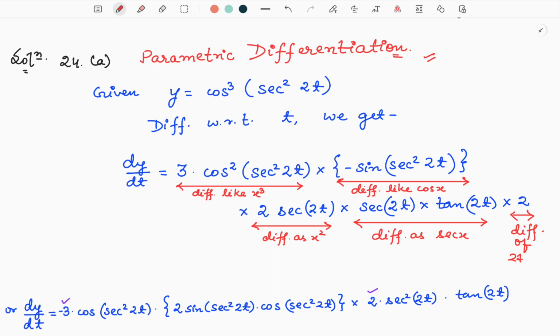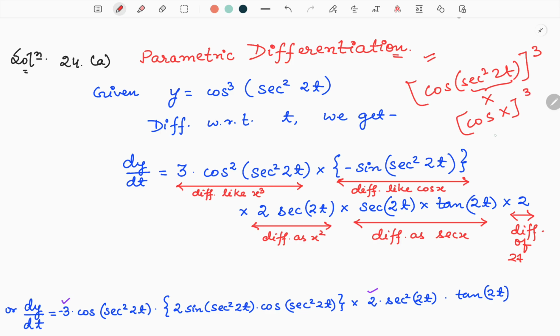If we differentiate y with respect to t, y is given as cos cube sec square 2t. So it can be written as cos of sec square 2t, whole cube. If we put sec square 2t as, let us say, capital X, then it becomes cos x whole cube.